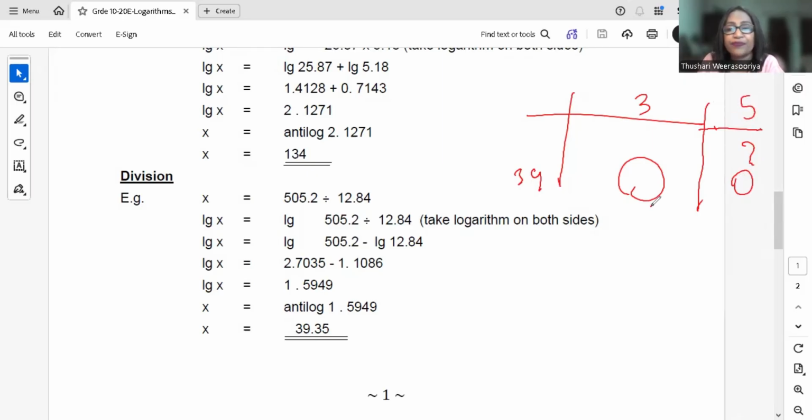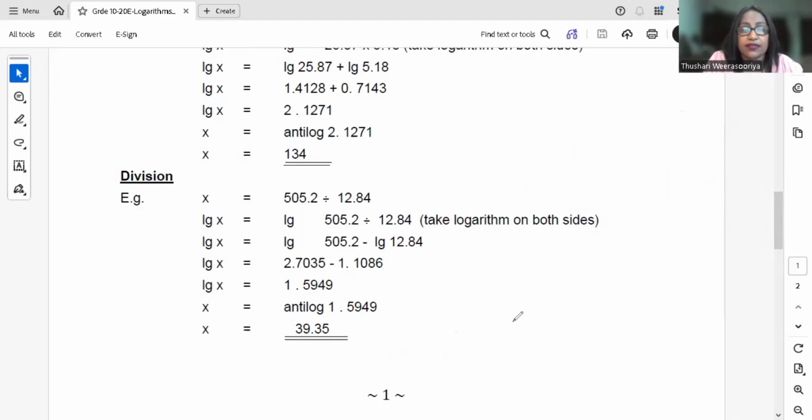Then you add all these numbers together and write 3935. Now we go to the characteristic value. Characteristic value is 1. If it is 0 it is here, then 1. 39.35. You must know how to find the logarithm, the log number, and the anti-log very well. Then this lesson is very easy.